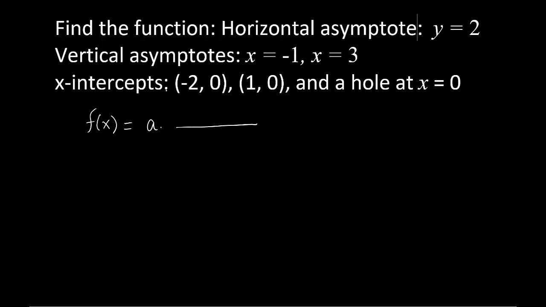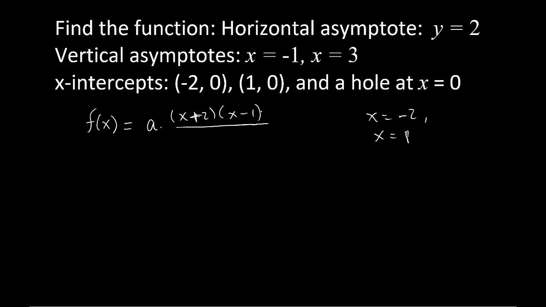And then the x-intercepts are here. You have x equals negative 2 and x equals 1 from this. This is the x value, this is the x value. So the factors we get in the numerator will be x plus 2 and x minus 1.